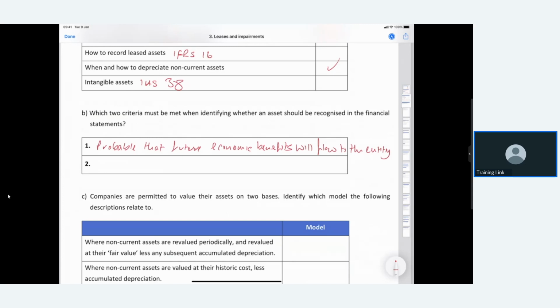The second one is that the cost of the asset must be reliably measured, i.e., you need to have some way of knowing the actual value of that asset, and that is a method that is accepted under IAS 16.